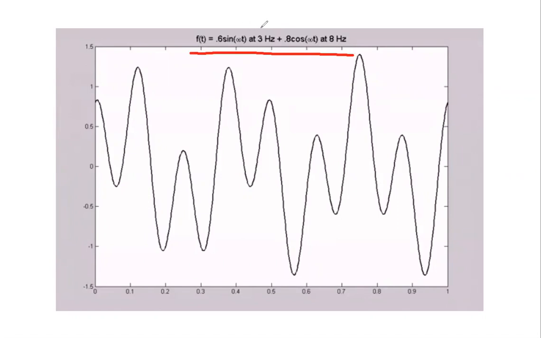The first one is a 3 hertz signal, which is a sine pattern, and the amplitude is 0.6. The second one is an 8 hertz signal. The pattern is a cos pattern, and the amplitude is 0.8. So arbitrarily, we have taken this signal. You can take any two signals to produce your f(t). Now, is it a known signal to you or an unknown signal?